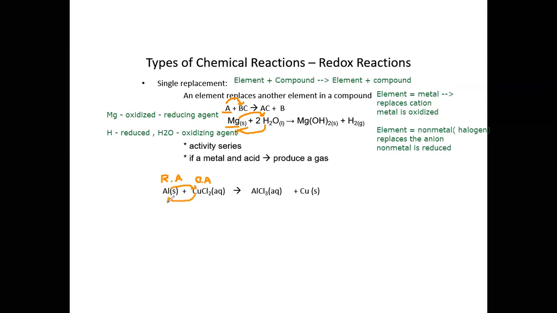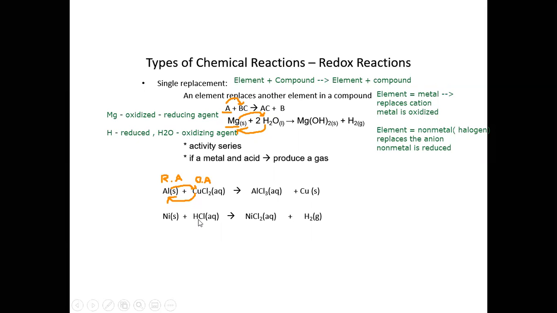So the aluminum is going to be oxidized, the copper is going to be reduced. And again, the way we know that aluminum is going to displace the copper is based on something called the activity series, which I'll show in just a moment. But the more active element wants to replace the less active element.